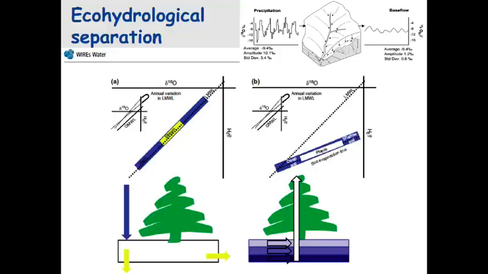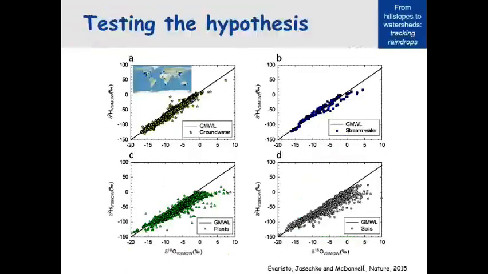The issue though is that these waters aren't talking to those waters and vice versa. This is something we call eco-hydrological separation, or the two water worlds hypothesis. The idea that the trees are drawing on water pools that aren't mobile enough to ever make it to groundwater recharge or to stream runoff. And the runoff that we sample doesn't seem to be the water that the trees are interested in using.